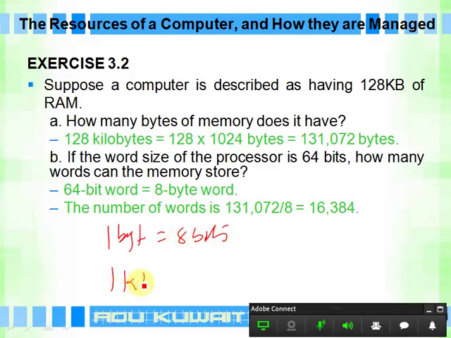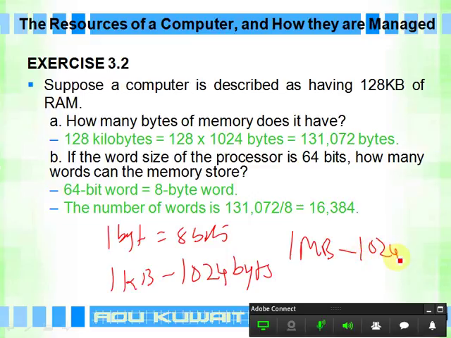And 1 kilobyte is 1024 bytes, and 1 megabyte is 1024 kilobytes, and 1 gigabyte is 1024 megabytes. So if you want to convert from kilobytes to bytes, what do we have to do? Multiply by 1024.